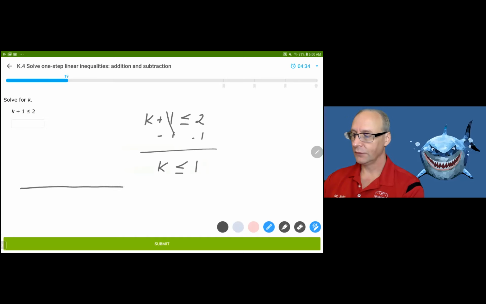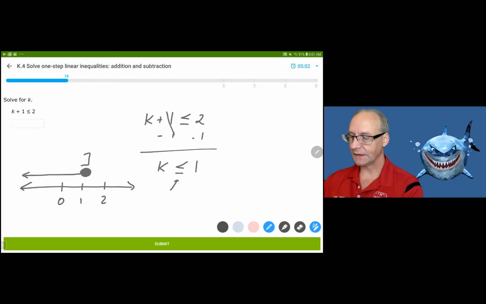So if we were to graph this situation, at 1 and less than 1 would be the solution. But also, because of that equal sign on the bottom there, it could be equal to 1. And so we need to fill in that dot, which means that 1 is included. It's the only additional number that we're going to include in our solution set.